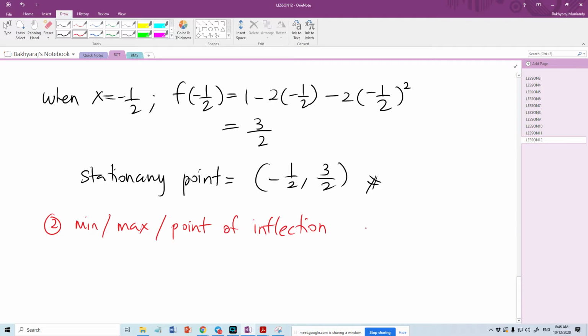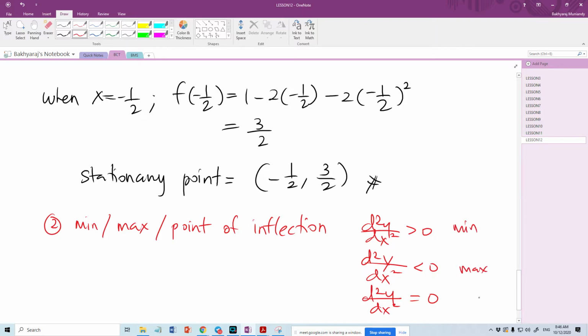You need to get d square y over dx square: more than 0, less than 0, and equals to 0. Ni yang kita punya case lah. If more than 0, minimum; less than 0, maximum; equals to 0, this one is a point of inflection.